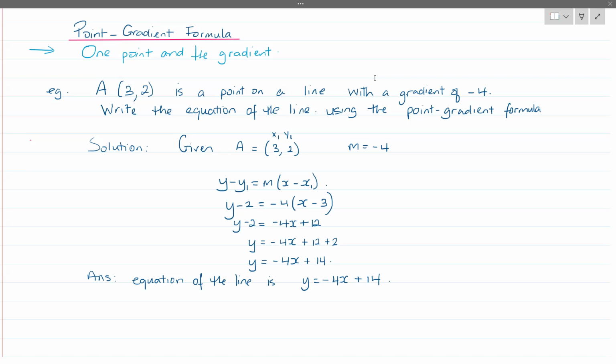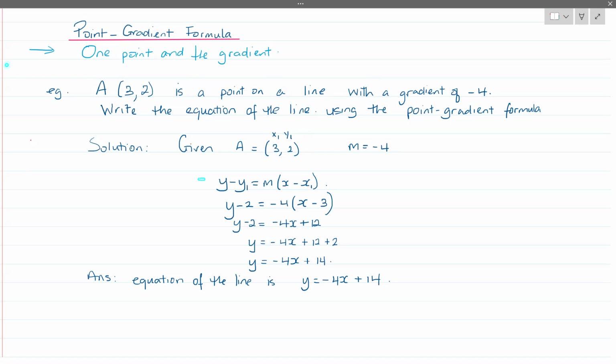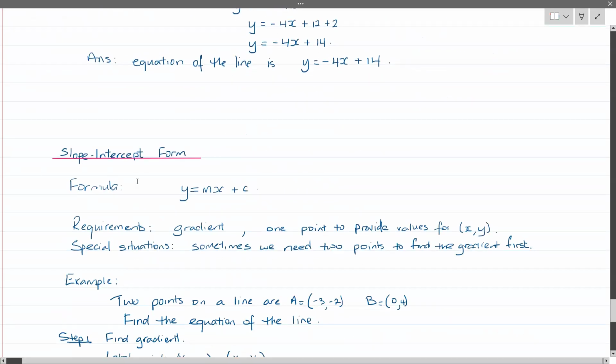Some questions will give you one point on the line and the gradient. If that is the case, like what you're seeing on the screen right now, it is an easy workout because you have an x1, y1 value and your gradient. So it's easy to sub straight into your formula. Either you use this formula or the other one that I have down here, y equals mx plus c.